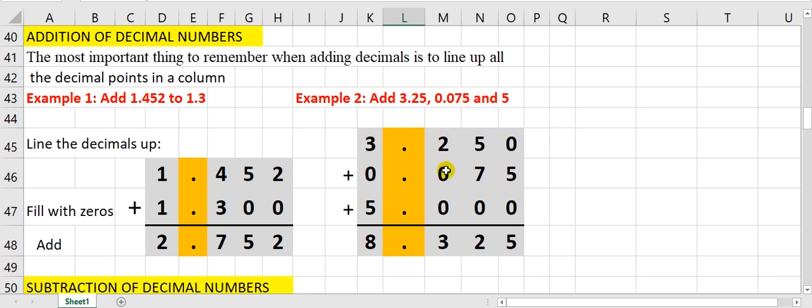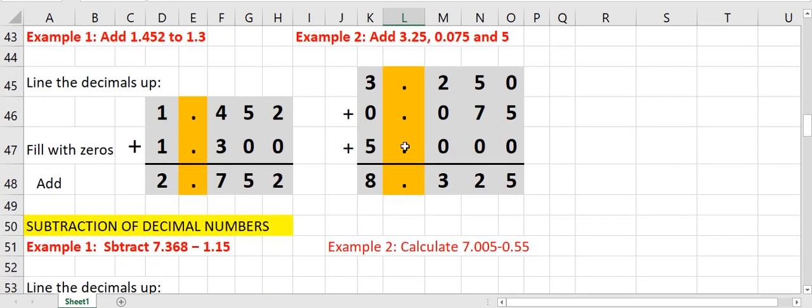This is 3, this is 2, 5. And this is 5, no places here. So I will make all the same. Here I put 0, here I put 2 zeros and point. Then I add the numbers.